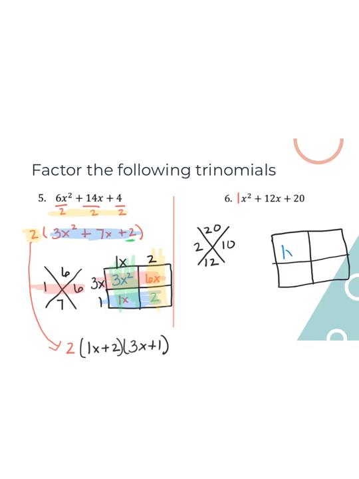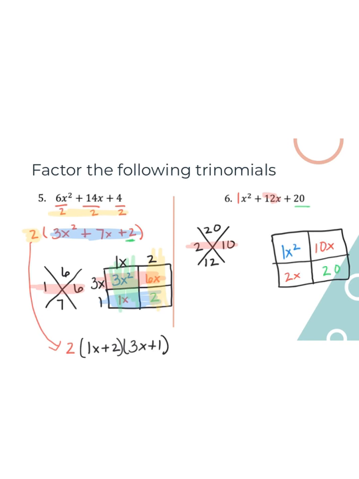So I'm going to say 1x squared. And just like before, we're still using these to replace that. So I'm going to say 2x and 10x. And then I'm ending with my c, 20.